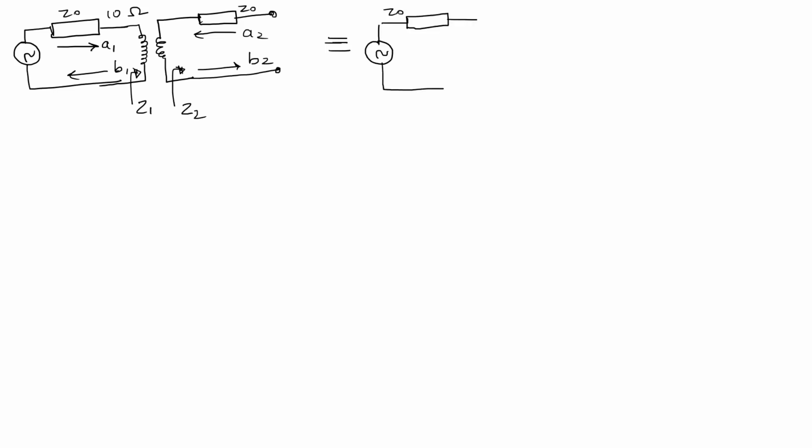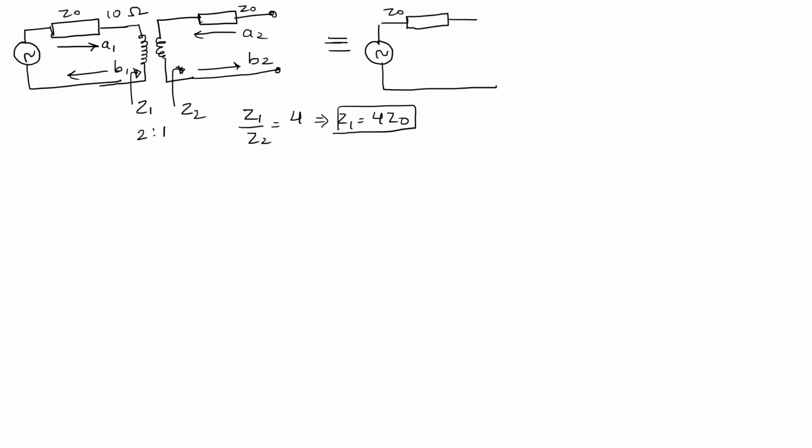According to our equation, Z1 upon Z2 is equal to N1 by N2 squared. We are given it as 2 is to 1, so this will be 2 by 1 squared, that is 4. This will give us Z1 equal to 4 Z naught. Correct or not?